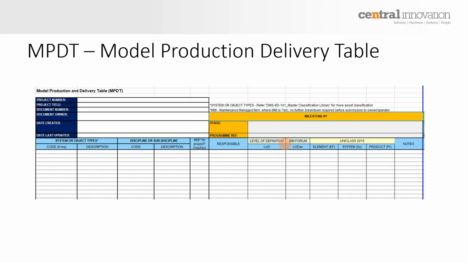Then you have the model production delivery table. So now we're getting a little bit more into the details of this. What do you have in there? It's pretty close to what used to be in the past the model progression specification, where you have a description of the systems or pieces of model that you have to produce.